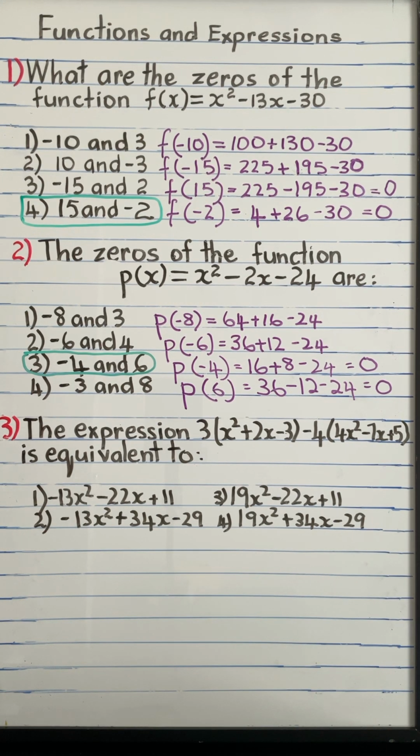Next, the expression 3 times x squared plus 2x minus 3 minus 4 times 4x squared minus 7x plus 5.